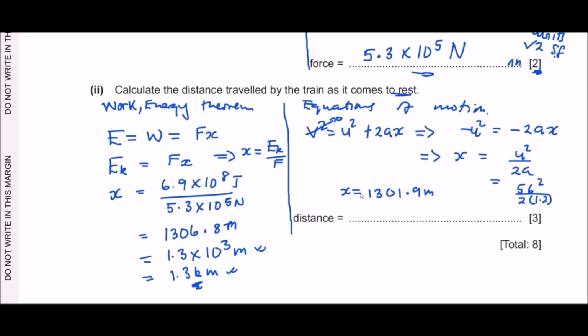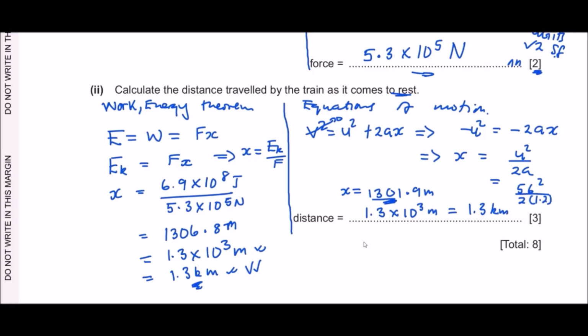So our distance using kinematics is 1301. By using scientific notation, we have 1.3 times 10 to the power 3 meters, which is the same as 1.3 kilometers. So you write whichever you want over here, and you see by the work energy theorem we're finding 1.3 kilometers. By kinematics we're still finding 1.3 kilometers.